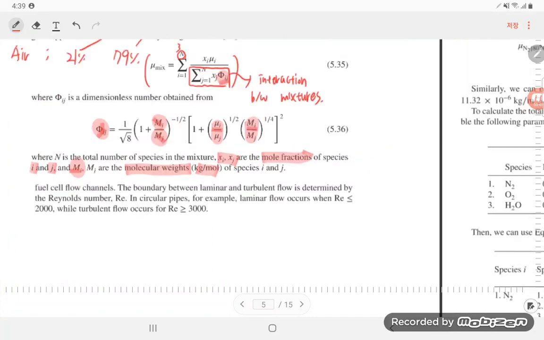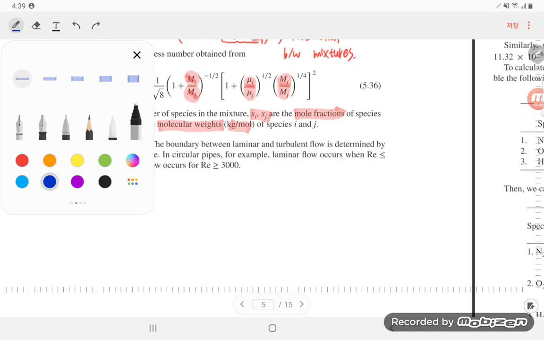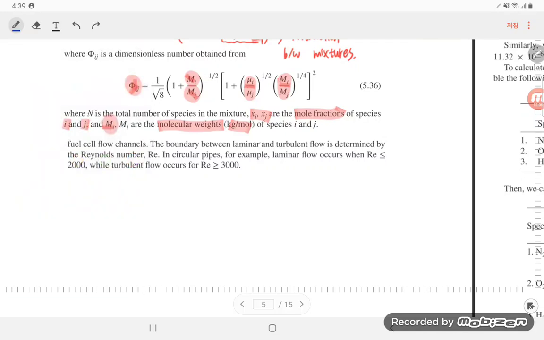And in the fuel cell flow channel, the boundary between laminar and turbulent flow is determined by the Reynolds number, as we discussed. Laminar, turbulent. To make this critical point, we use a Reynolds number of 2000.